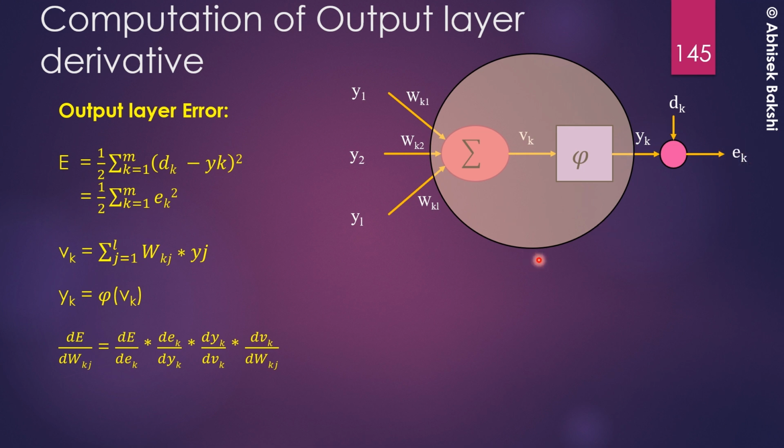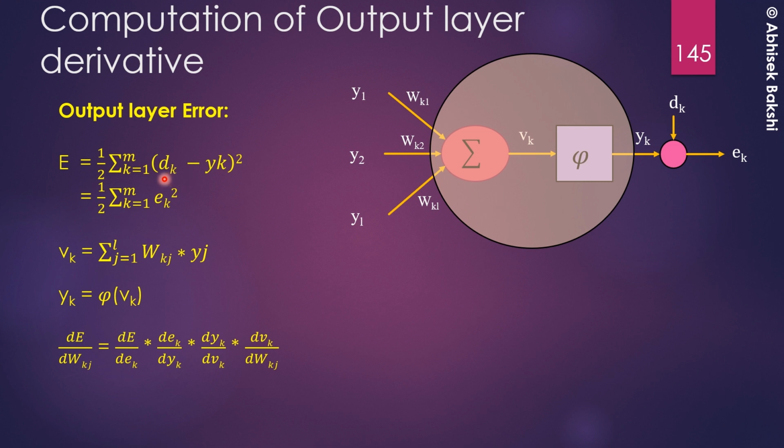Similarly, if you assume that you have another neuron here in the output layer, from that we will get e2. In this way, up to the mth neuron, I will get em. So e1 plus e2 plus e3 plus e4 plus dot dot dot plus em is the total error, and that is what we are trying to find out here. So this is the sum of all these errors.